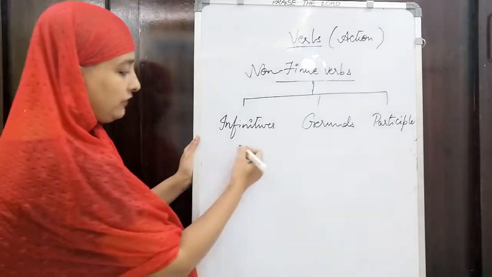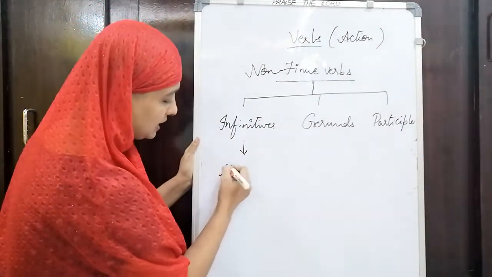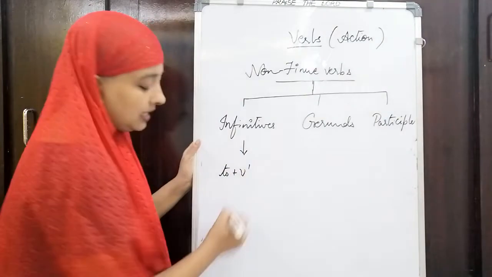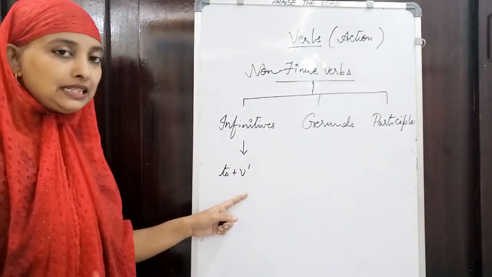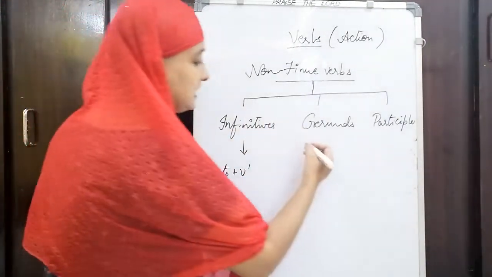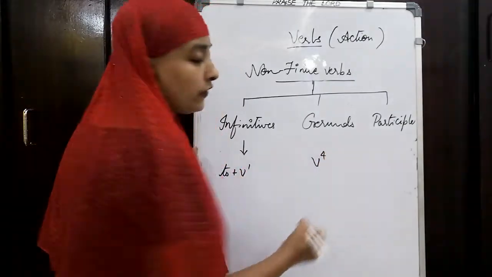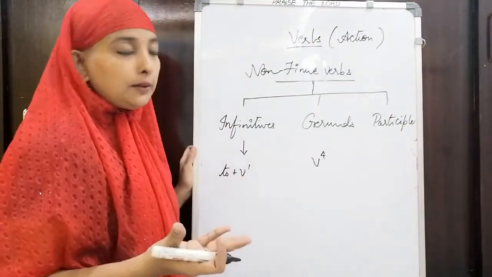Infinitives are nothing but to plus the verb form, one verb form, that is the root form of verb. And gerunds will take V4, that is the ing form of verb.